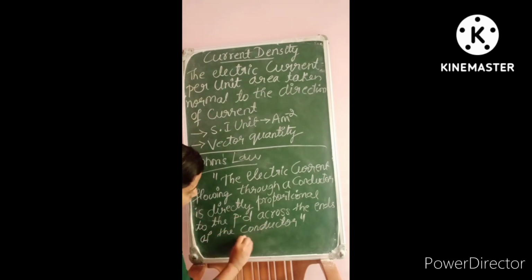That is, I is directly proportional to V. This is the mathematical form of Ohm's law.